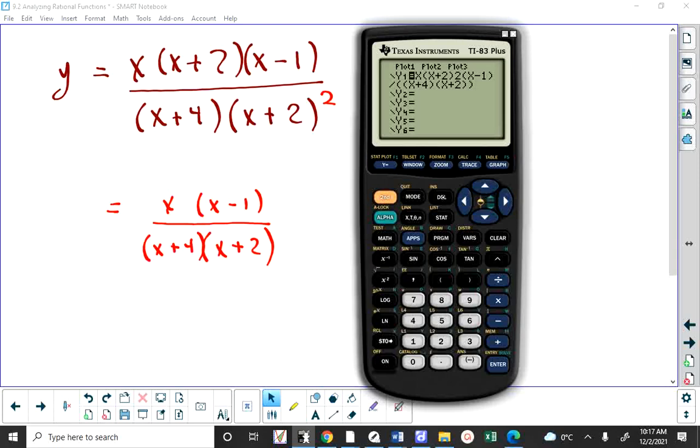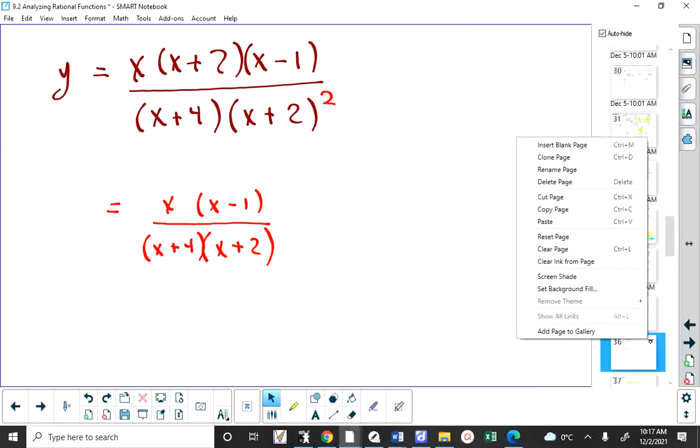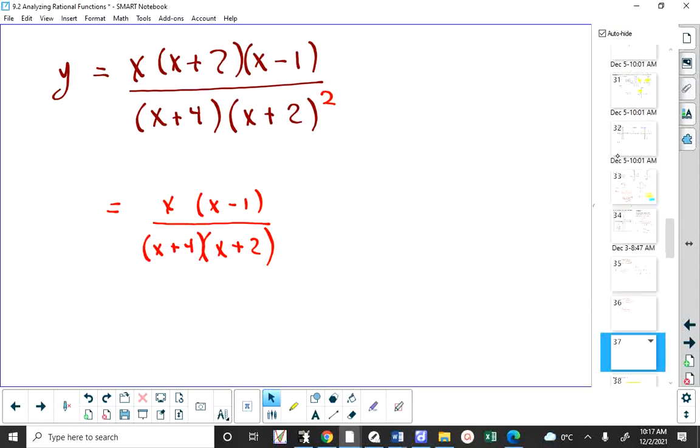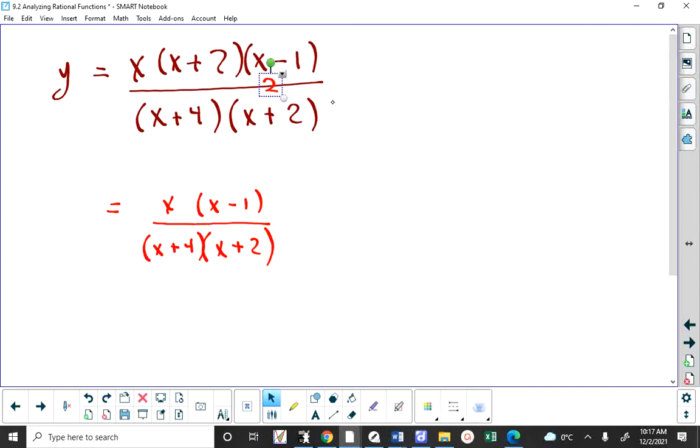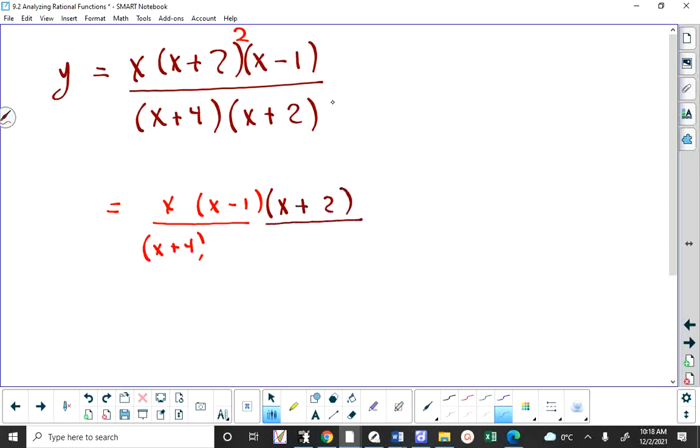If it's the other way around and we have the squared on the top, my way of thinking is it shouldn't matter. -2 is still non-permissible, right? And you might say to yourself, well, what's going to happen here is we're left with a survival of x plus 2 on the top, so it must be an x-intercept. How can it be an x-intercept when it was non-permissible?